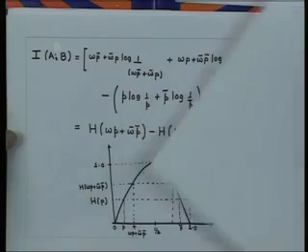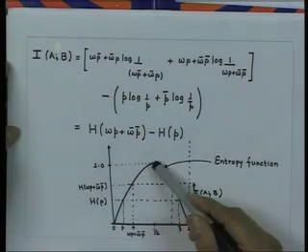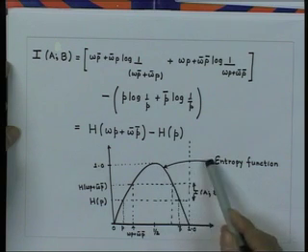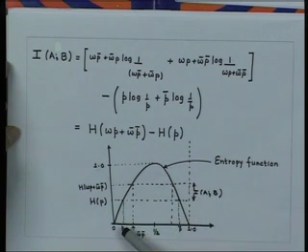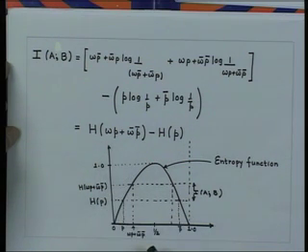Entropy function is depicted by this curve shown here. So, if we choose some value of P, where P is the probability of error on the binary symmetric channel, then corresponding to this P I have a P bar which is indicated here. Corresponding to this P we have H(P) as shown on the y axis here.